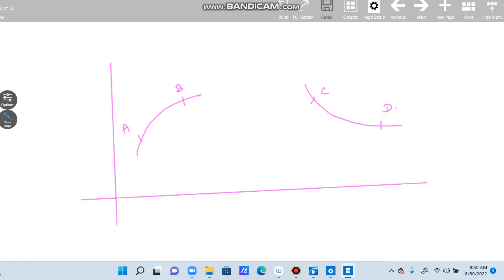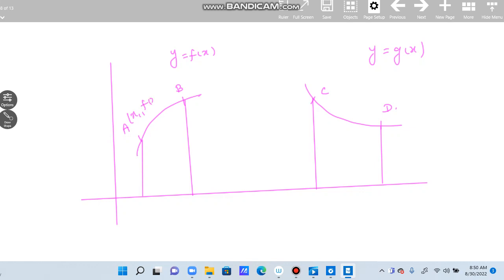Okay, so for that let me drop perpendiculars from A onto the x-axis, from B onto the x-axis, and also from C and D. If I take the coordinates of A as x1, and I decide that the equation of this increasing graph is f of x and this one is y equal to g of x, then point A has x coordinate x1, and the corresponding y coordinate will obviously be f of x1, and B, let it have x2 comma f of x2.